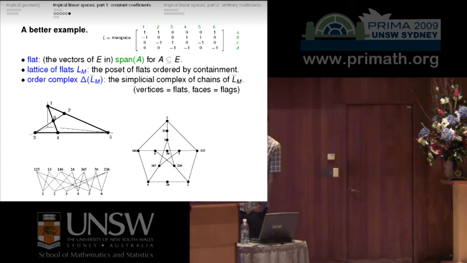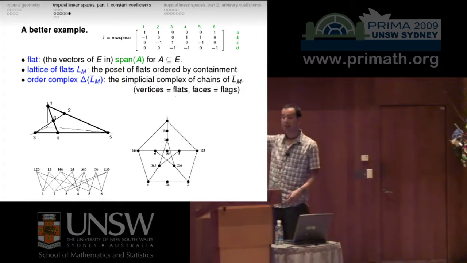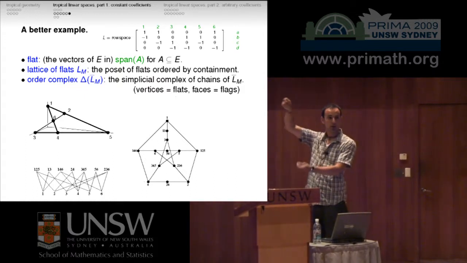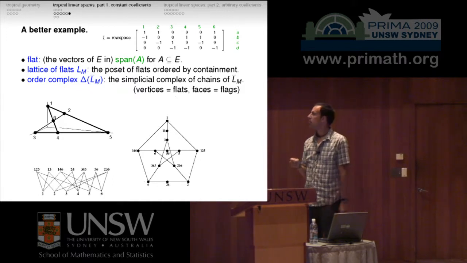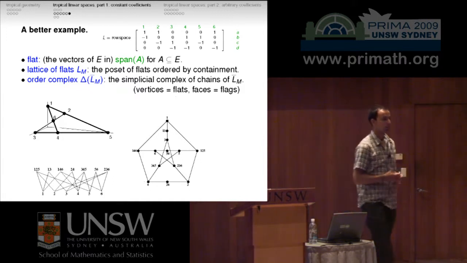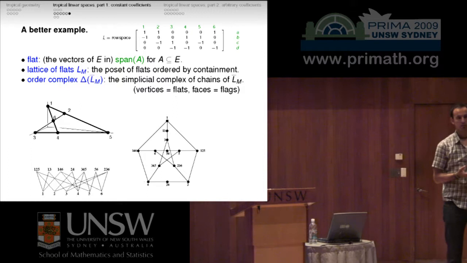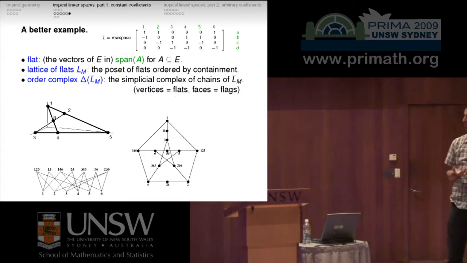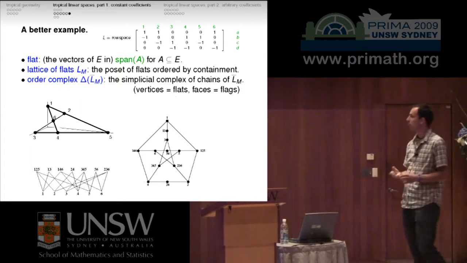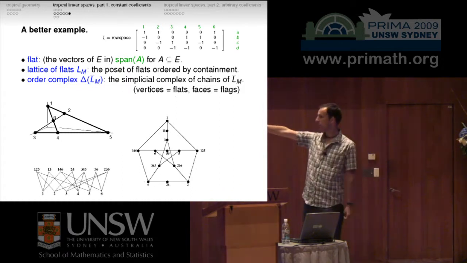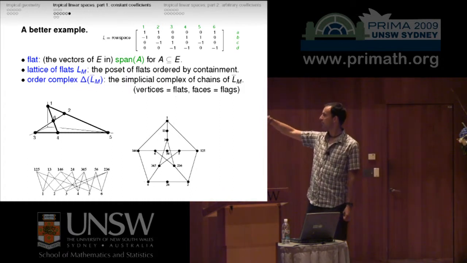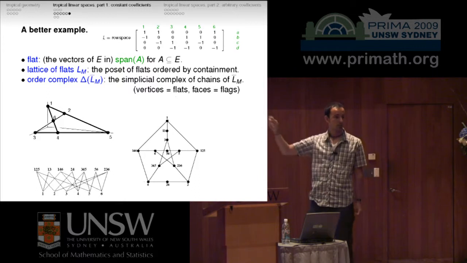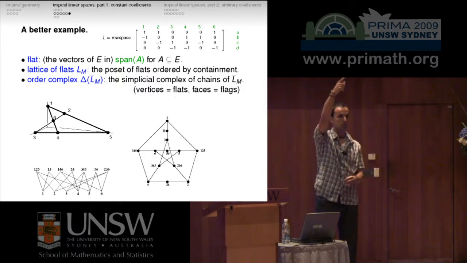So the picture over there is the vectors. This is the lattice of flats. It's a lattice if you put a top and a bottom element on it. And then what you're going to do is consider the order complex or the chain complex of this guy. You make a simplicial complex where the vertices are the flats and the faces are the flags, where by a flag I just mean you walk up the poset.